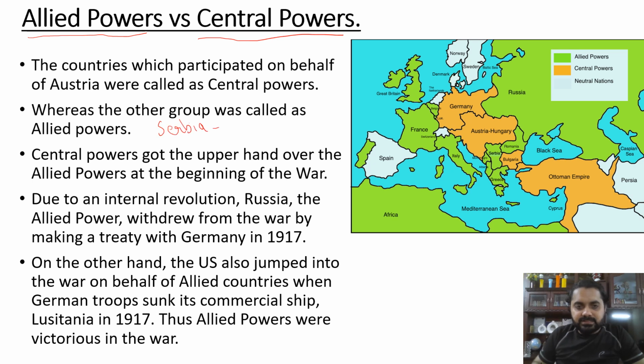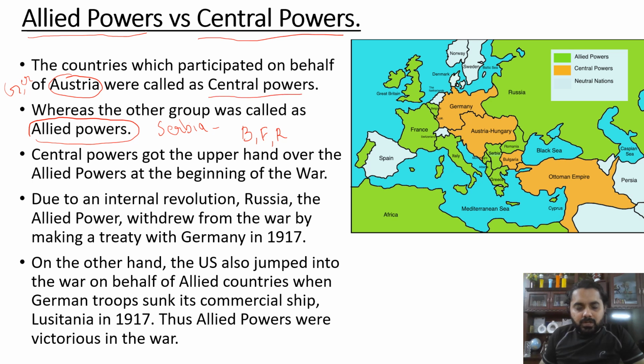So, what are the countries that supported Serbia? Here we have Britain, France, and Russia. So Serbia, Britain, France, and Russia were all part of the elite powers, and the central powers included Austria along with Germany and its allies. Okay, Germany, Austria, Hungary, and its allies were part of the central powers.